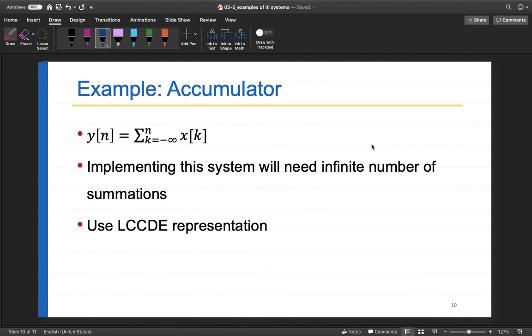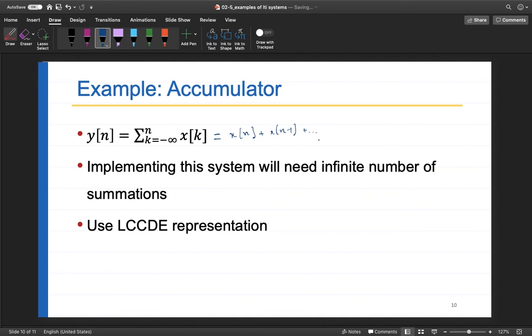Okay, now let's look at one example. You can see an accumulator. What is an accumulator? Basically, your y of n is simply x of n plus x of n minus 1, and so on up till infinity, which means all the terms.